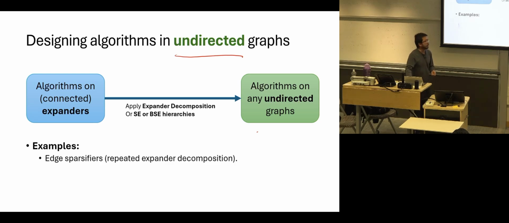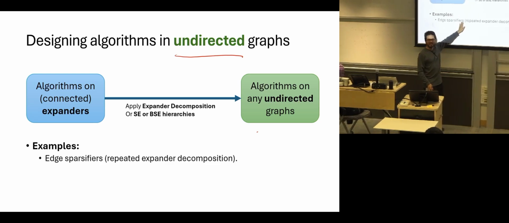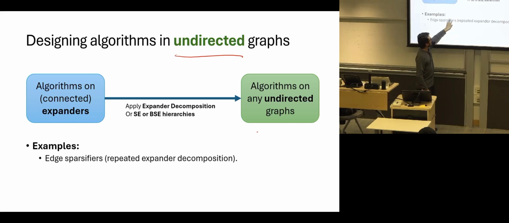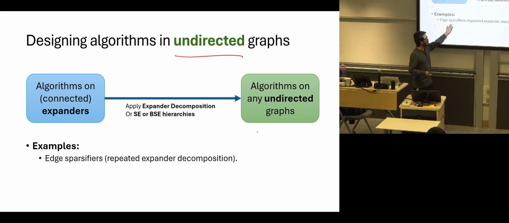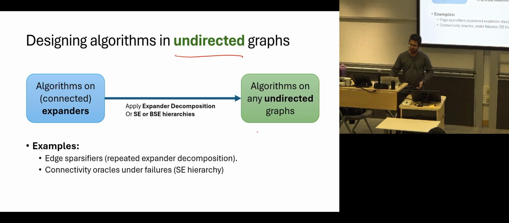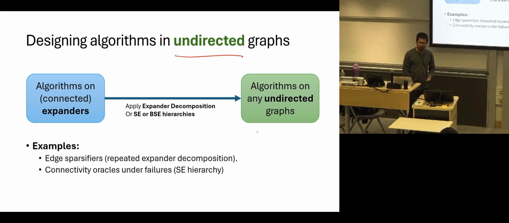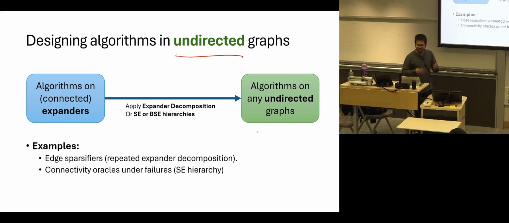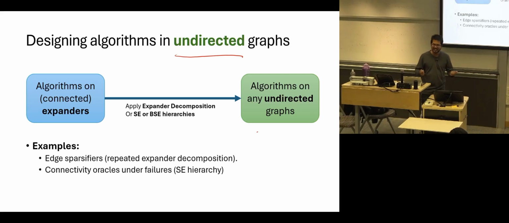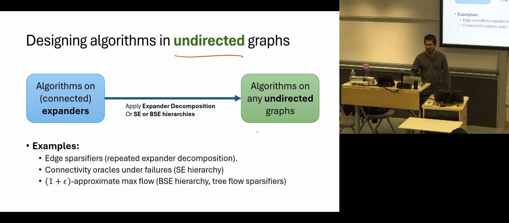Let's see some examples. We saw edge sparsifier. If you don't remember, recall this. We saw a simple algorithm on expanders just by simple random sampling, and we generalize to any graph using repeated expander decomposition. We saw connectivity oracle, and we first show how to do it in expanders, and then using SE hierarchy it works in any graph.